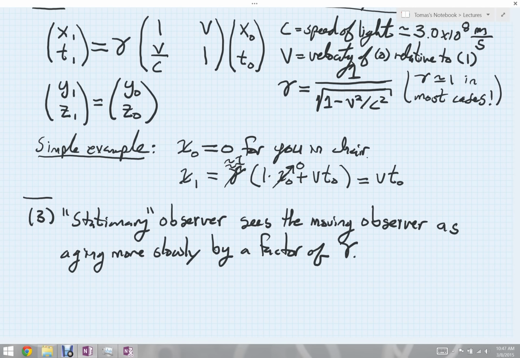It's been observed. People have taken very accurate atomic clocks, put them on jumbo jets, flown them around the world, and seen the changes in time associated with this effect, this time dilation. I'll label it there too. Time dilation.